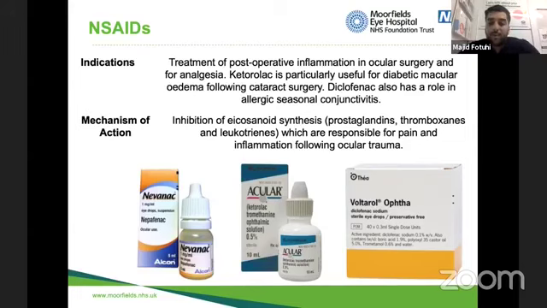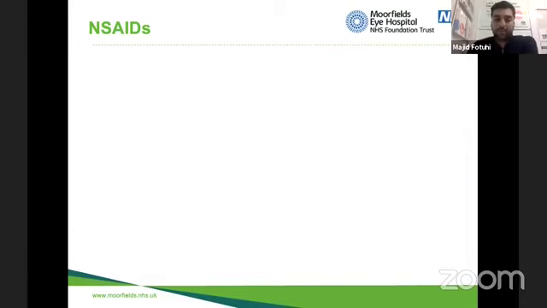That's particularly if the surface of the eye has trauma to it, such as in penetrating surgery, where you open the surface of the eye, such as a cataract replacement. They're used for this reason because they prevent the inflammatory process in this way, as well as providing pain relief for our patient.